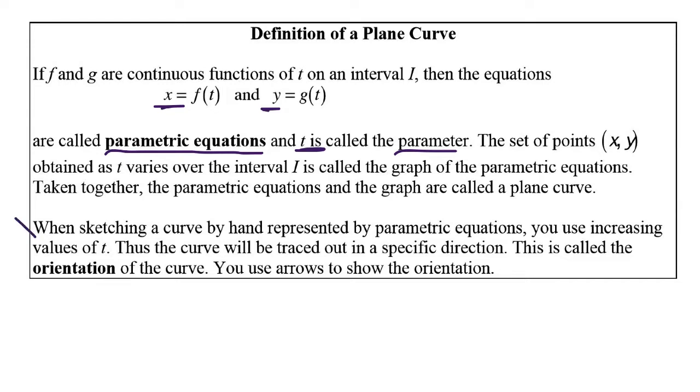And here, keep in mind, when you're sketching a curve that's parametric, you're using increasing values of t. Your time is increasing. And so here we are going to use smaller arrows like we did with vectors, and we're going to trace out a specific direction or orientation for the curve. So let's go ahead and start with some problems.